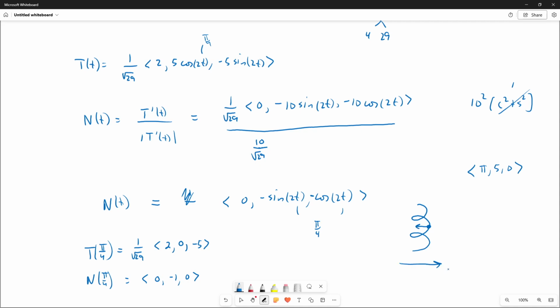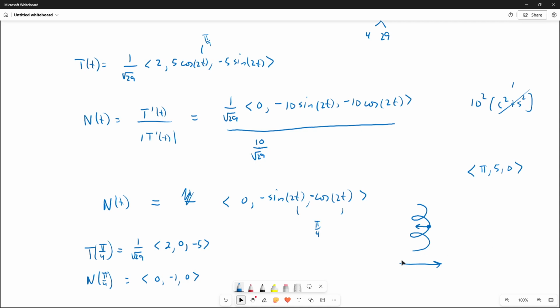Maybe the y-axis is this way, and this vector is parallel to the xz plane. Actually, wait, it's parallel to the y-axis. It's parallel to the y-axis and in the opposite direction of the y-axis, as I drew it here. Parallel to the y-axis, perpendicular to the xz plane.